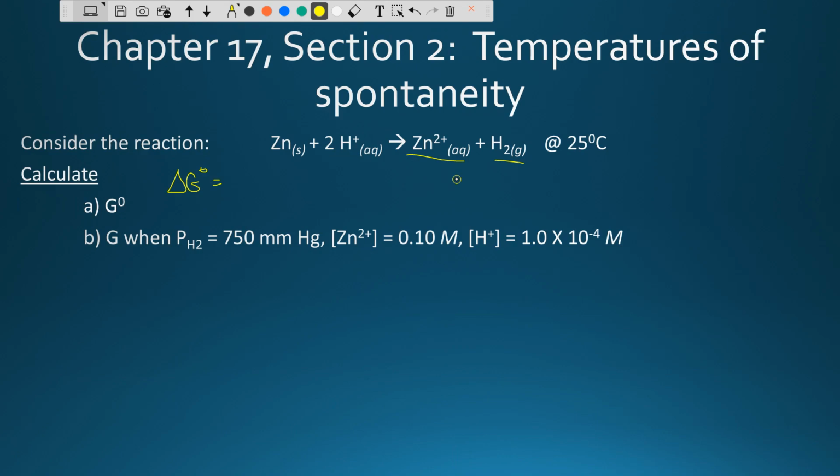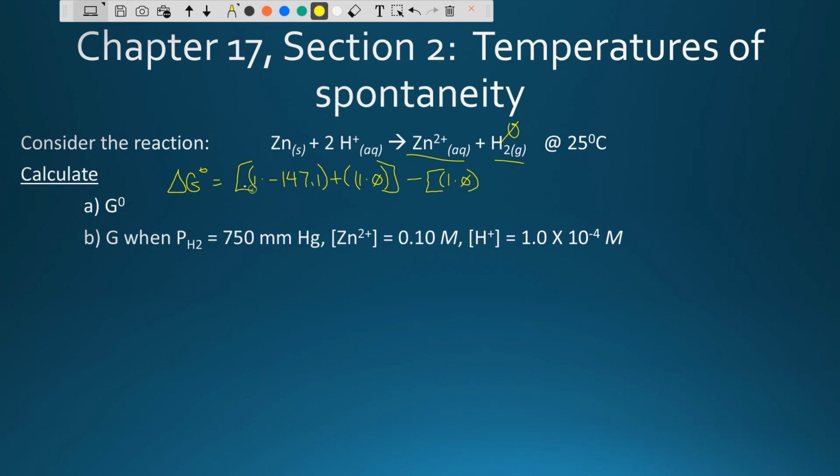I'm looking at my product side first, so that's going to be 1 times negative 147.1 plus 1 times 0. Now remember, it's a 0 because it's a gas. That's its natural state. Now we're going to subtract it from my 1 times 0.